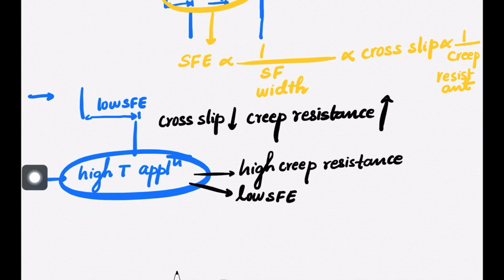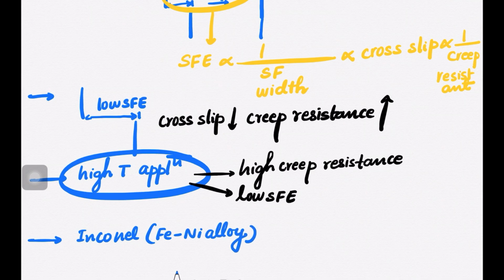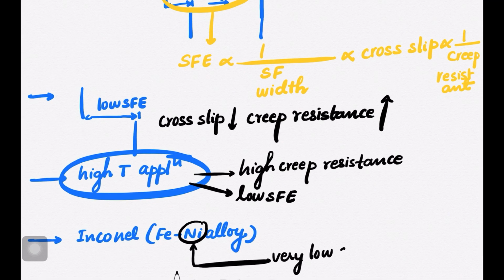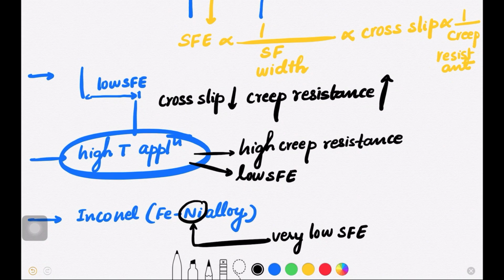Now we have Inconel, an iron-nickel alloy. It is a creep resistant material. And why do we use nickel in iron? Nickel has basically very low stacking fault energy.